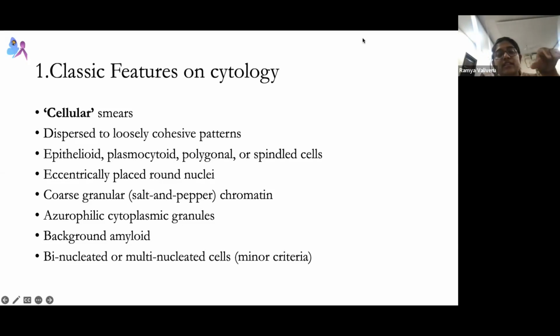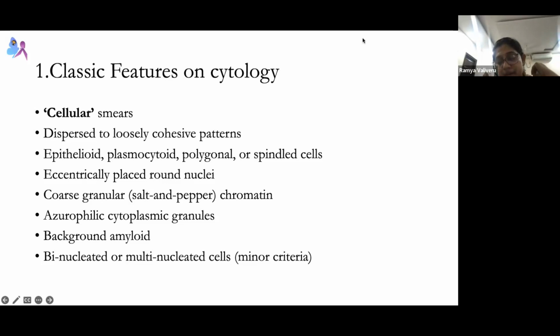Here they're going to be cellular smears with plasmacytoid cells, spindle-shaped cells, dispersed to loosely cohesive patterns. The nuclei are eccentrically placed, the chromatin is coarse granular, and the cytoplasmic granules are azurophilic, and the background could have amyloid in about 35%. And giant, multinucleated and binucleated cells are a minor criterion to diagnose MTC.